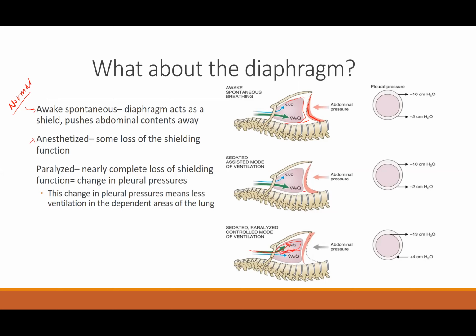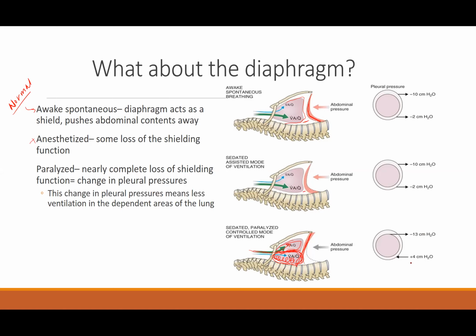And so that's when we really start to get these, remember those dependent opacities that I was talking about, where gunk really starts to build up down here because the diaphragm has just made it even harder for this bottom part of the lungs to expand and really do its job. And part of that responsibility is also, you can see these changes in pleural pressures.